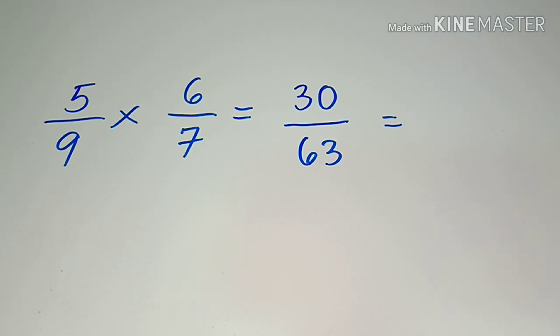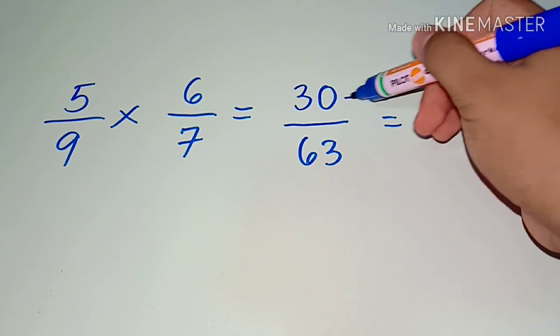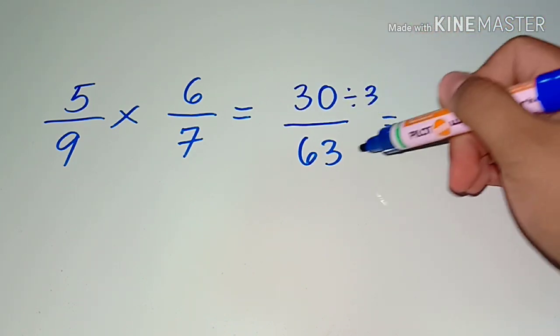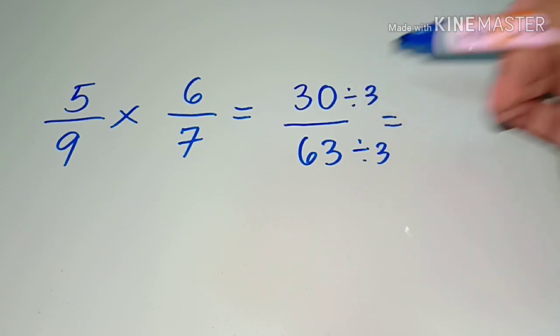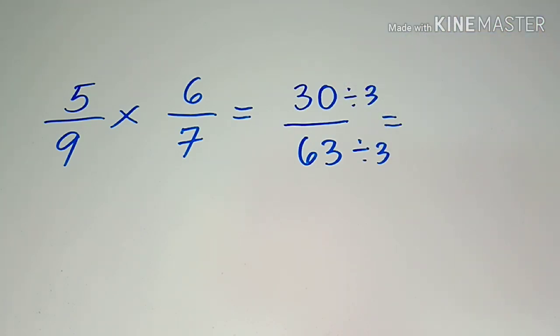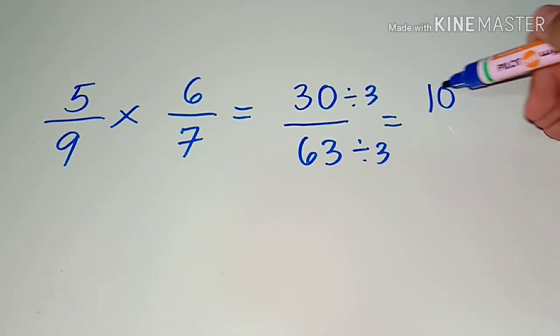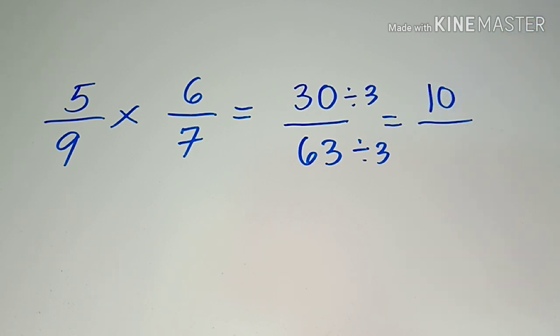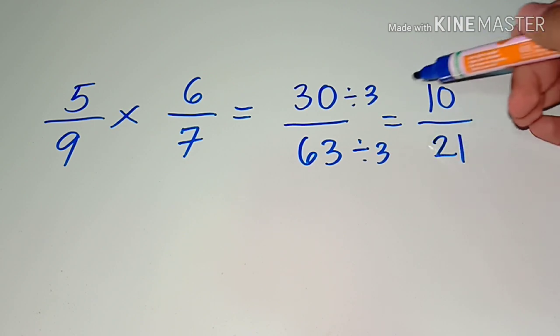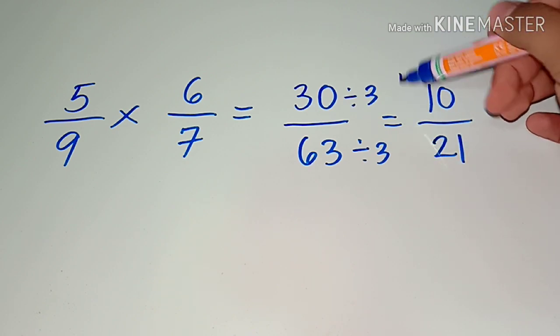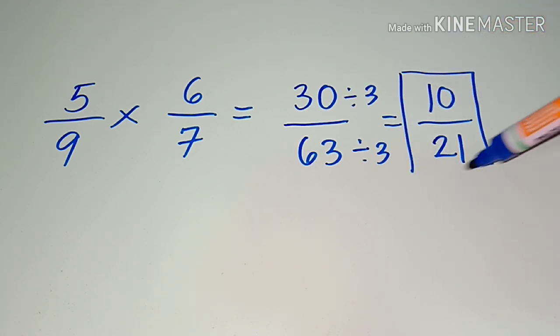So you can still simplify that one by dividing by 3. So 30 divided by 3 is equal to 10, and 63 divided by 3 is equal to 21. So that means the product of 5/9 and 6/7 is 10/21.